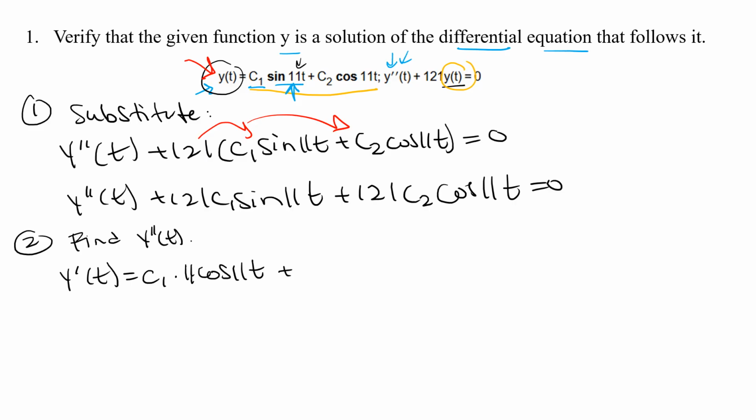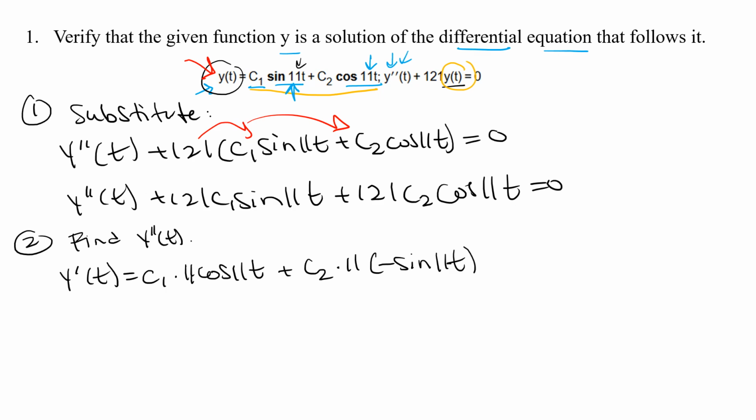All right, now bring down the other constant, c2, and do the same here. Find the derivative of the inside times the derivative of the outside. So the derivative of 11t is just 11. And now we know the derivative of cosine is negative sine, okay, keeping the inside the same.